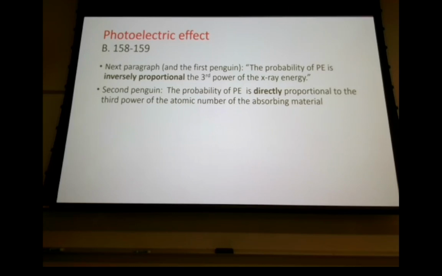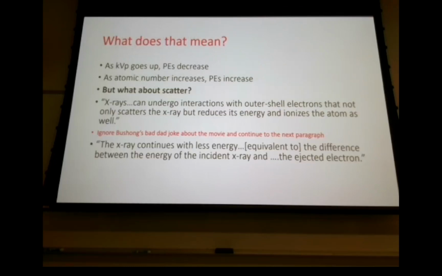The atomic numbers are going to be low enough that, say, a 100 kVp X-ray beam is going to far exceed the inner shell binding energy. So is it going to stop on that inner shell electron? The answer is probably no, but it's going to lose some energy, and might it stop on the next one? Yes, and then it becomes a photoelectric interaction. All right, so as kVp goes up, PEs decrease. As atomic number increases, the PEs decrease, and you get more penetration.